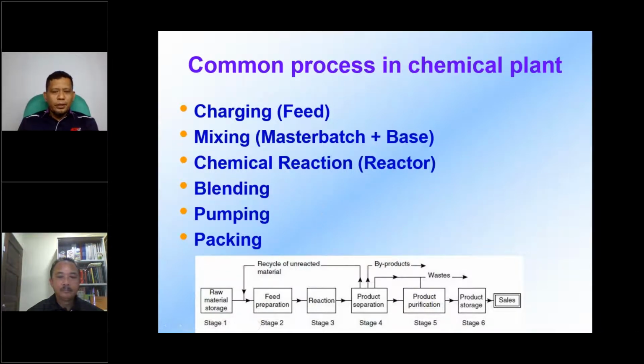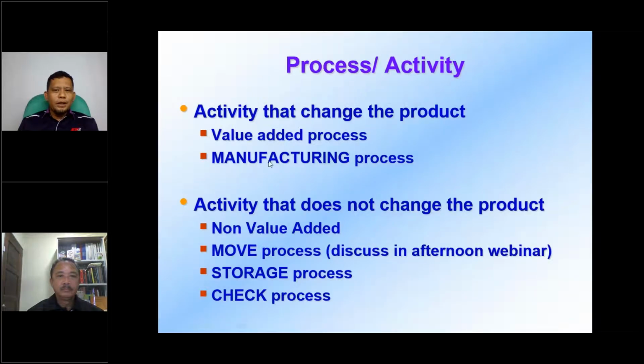So the question is, which one is considered as changing the physical of the product? One of the important points here is that we talk about manufacturing and not trading, because it's under chemical access. Most of the companies are manufacturing companies. That means manufacturing activity is changing the raw material.